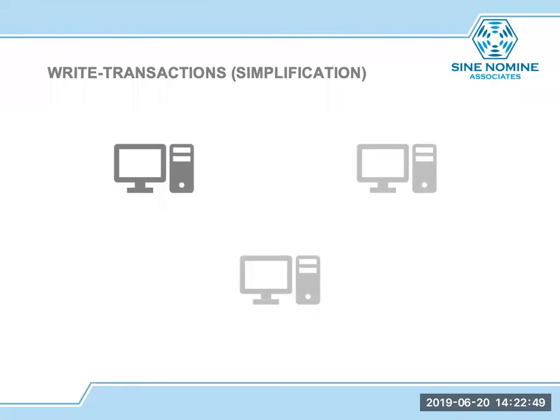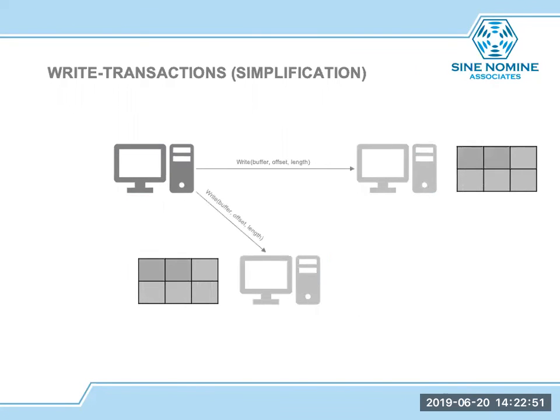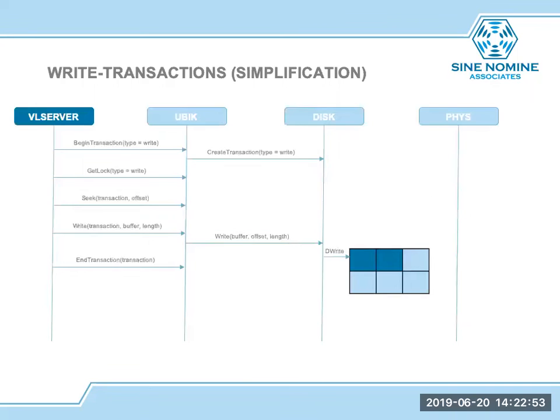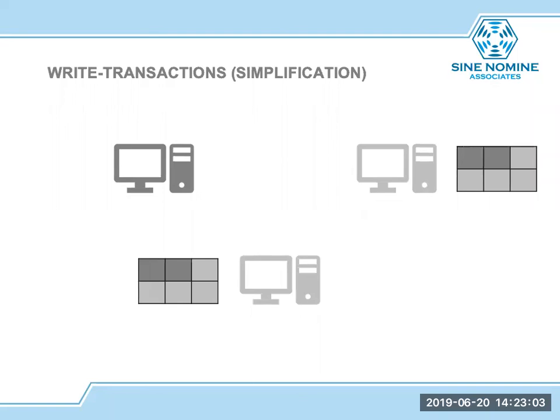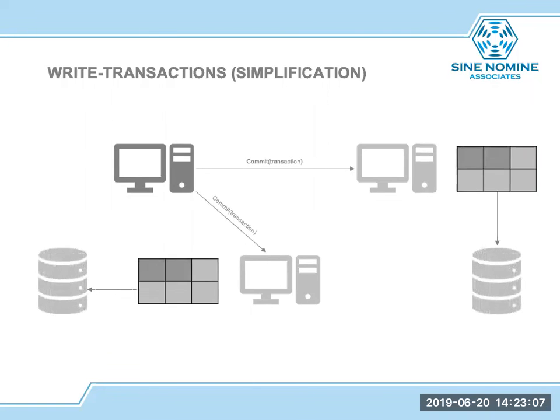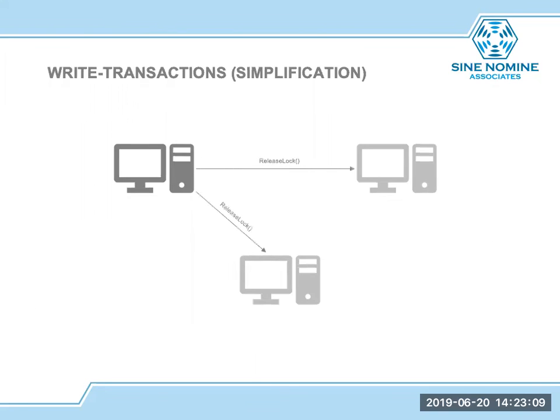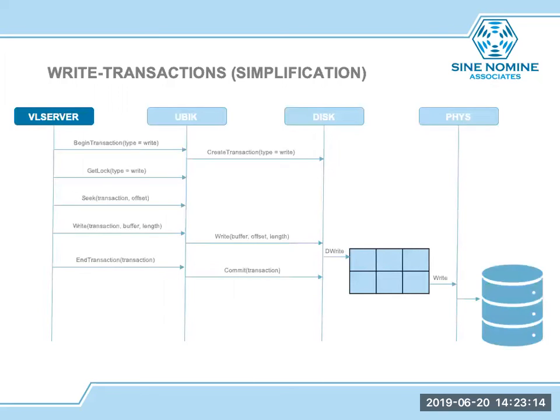We do the same thing on the remote sites. And then we can finally update the database with that data. And we do the same thing on the remote sites. Now we can finally release the locks on the sync side and on the remote sides.